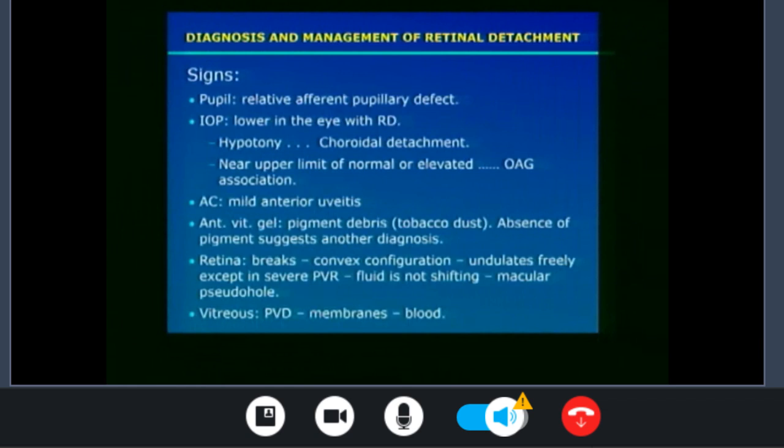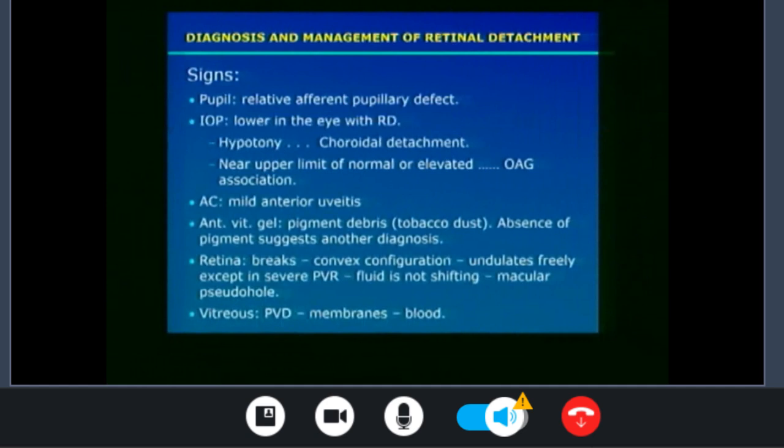In the anterior chamber, you would expect to see pigmented cells, but if the detachment is neglected, I have operated recently one patient who has fibrinous reaction in the anterior chamber and severe hypotony. So you can have anterior segment inflammation.